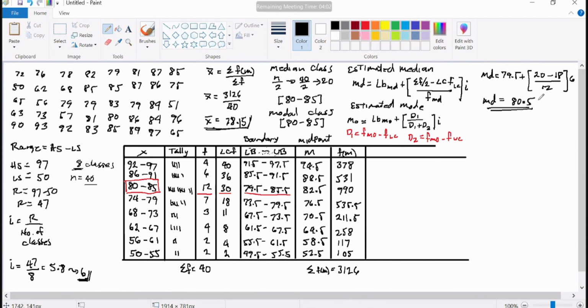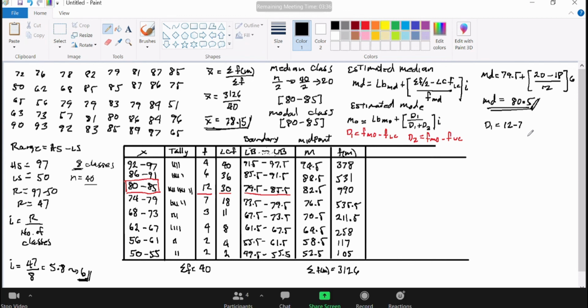So that's it. We can also get the estimated mode. For the estimated mode, you need to start with D1 first. D1 is the frequency of the modal class, 12, minus the frequency of the lower class, 7. 12 minus 7 is 5, correct?